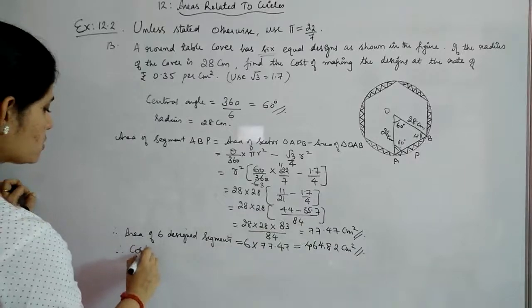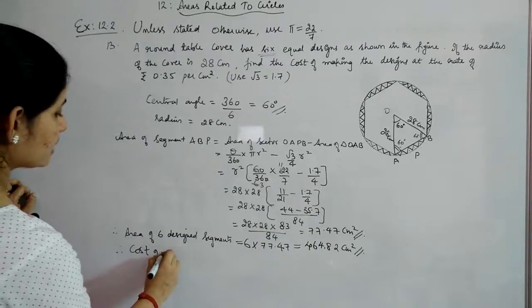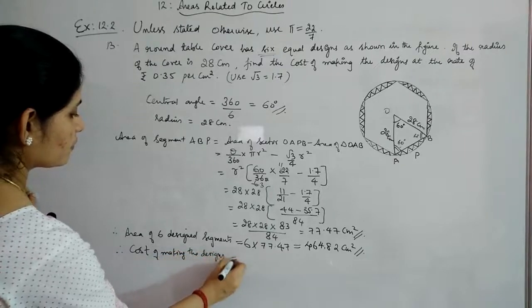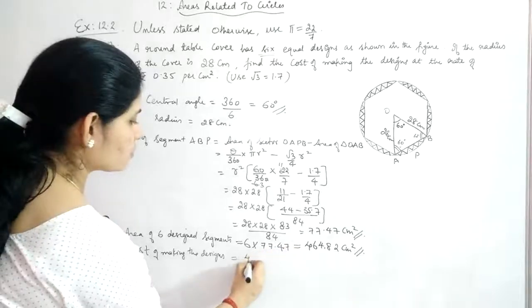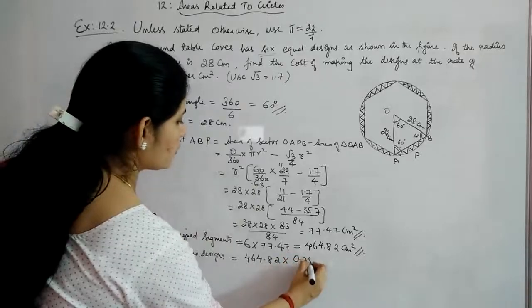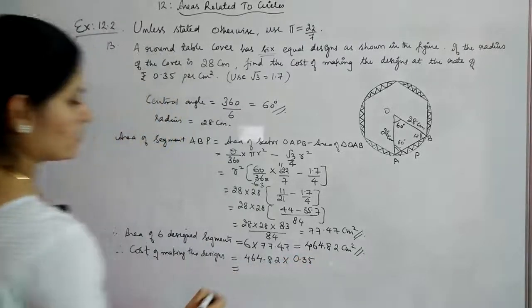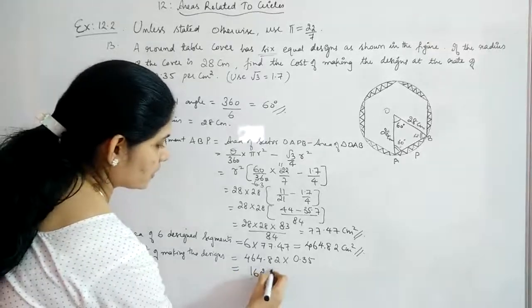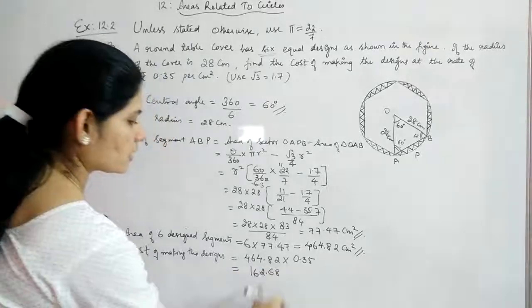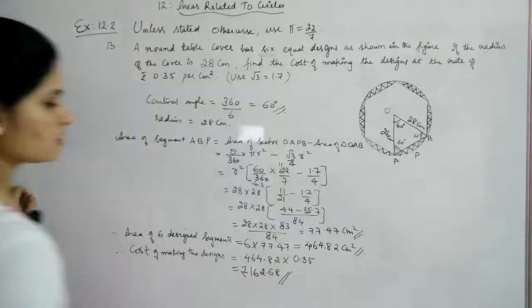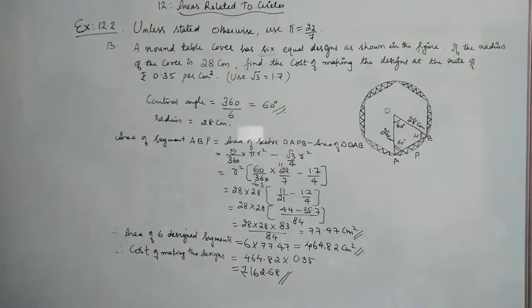Therefore, cost of making the designs will be this amount, 464.82 into 0.35, and the answer for this is 162.687, or you can write 68 or 69 also. This is in rupees because it is cost. So this much rupees is the cost for making the designs.